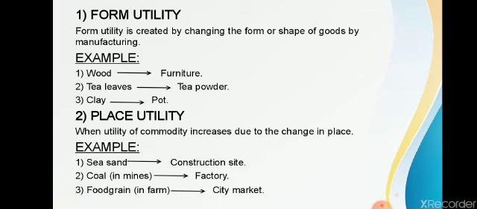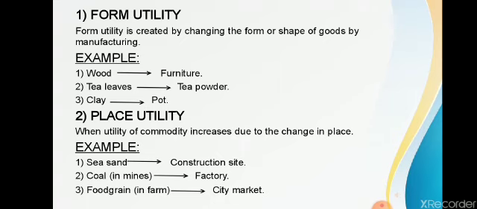Third, when the clay is being converted to the pot. So in all the three cases, wood converted to furniture, tea leaf converted to tea powder, clay converted to the pot, these are all examples of form utility. I hope the first one, the form utility, is now clear to you.